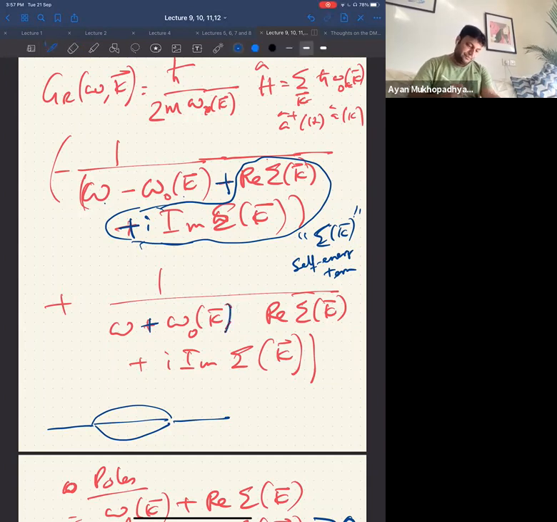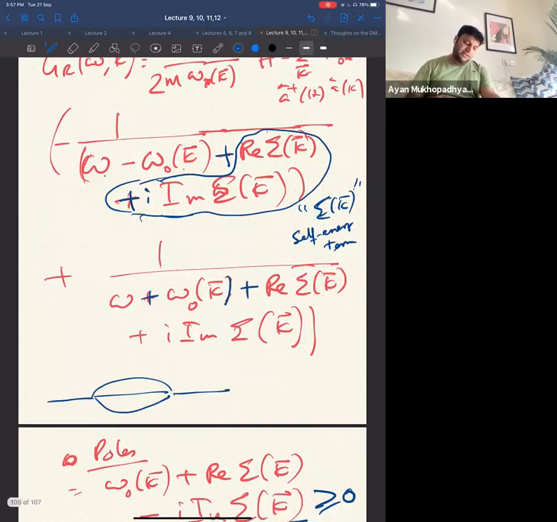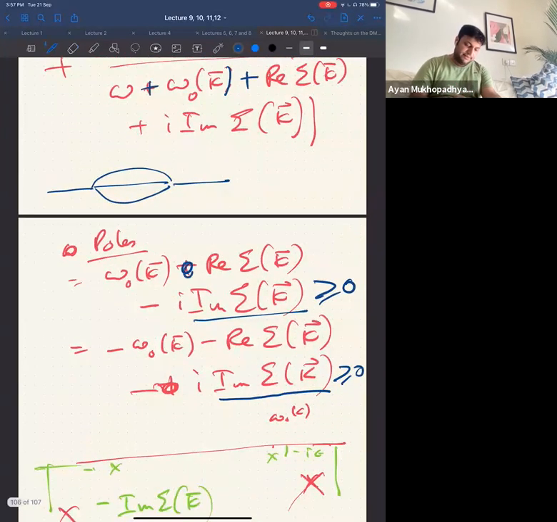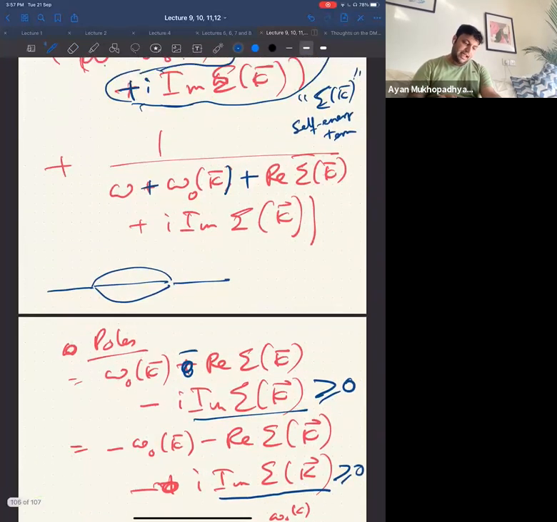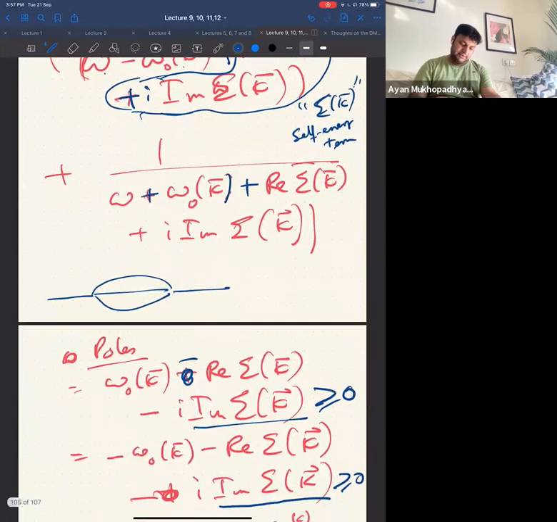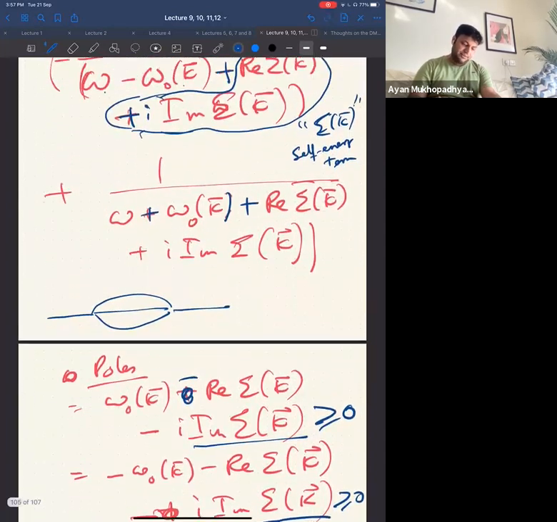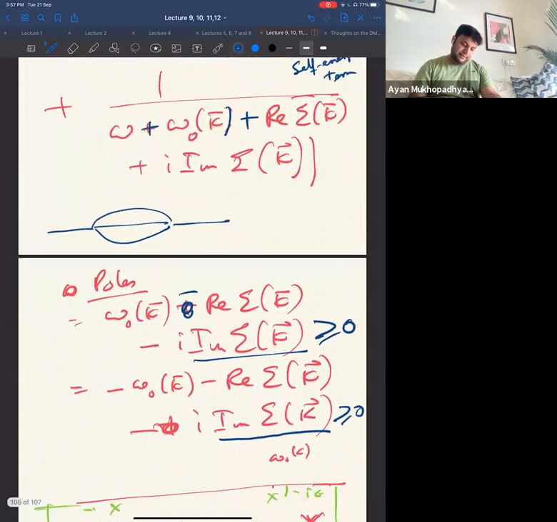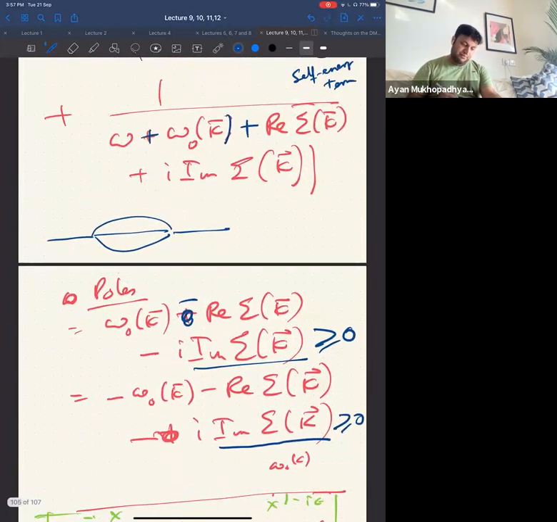Let's see this. So what are the contributions? What are the poles now? The first pole is at omega equal to omega naught minus real sigma k and minus I imaginary sigma k. And the other pole would be at minus omega naught k minus real sigma k again.